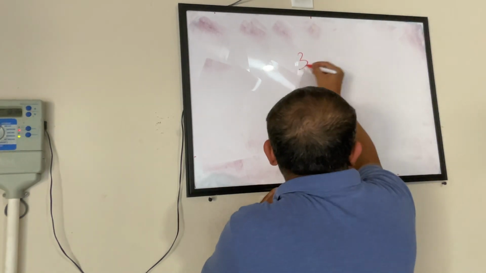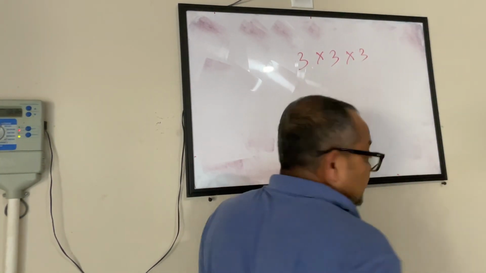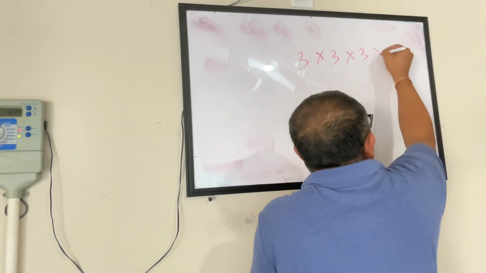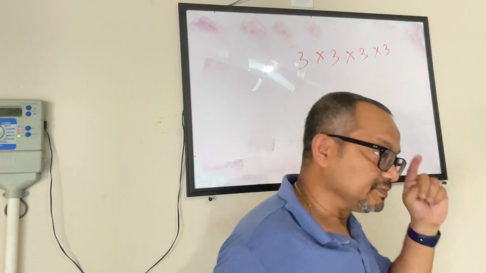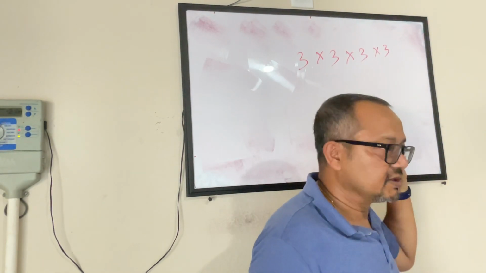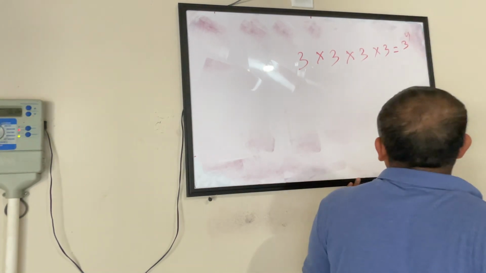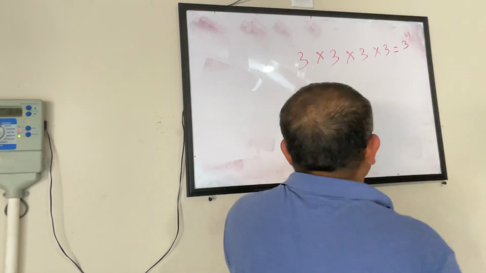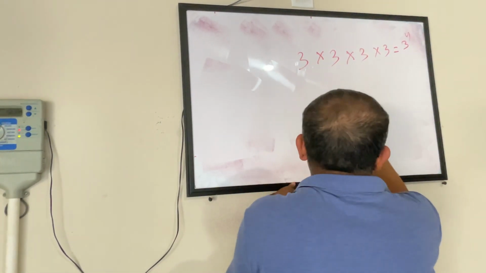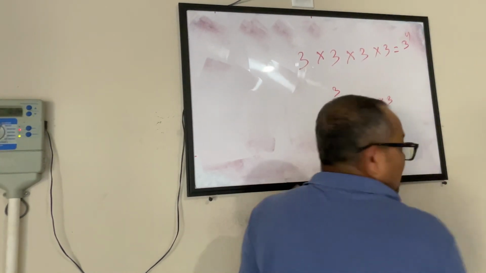Now, let's get rid of 4 and let's say this. What will be the value of this one? In exponents, 3 to the power 4. What is essentially happening here? If I had 3 to the power 3, and I had to multiply it with this, what would have happened?